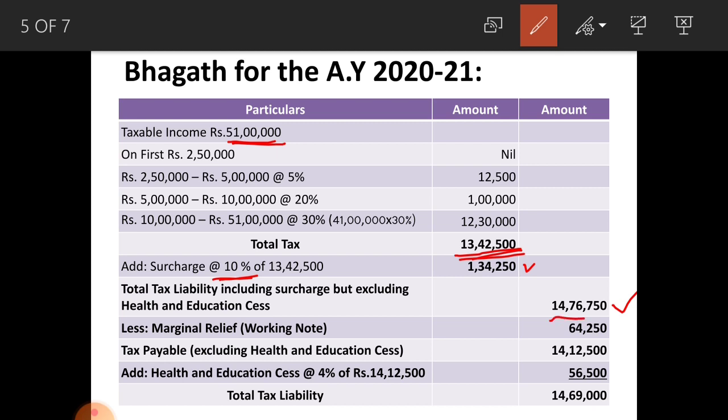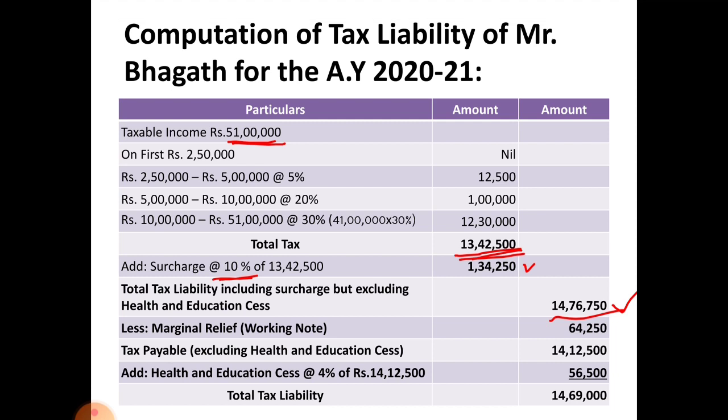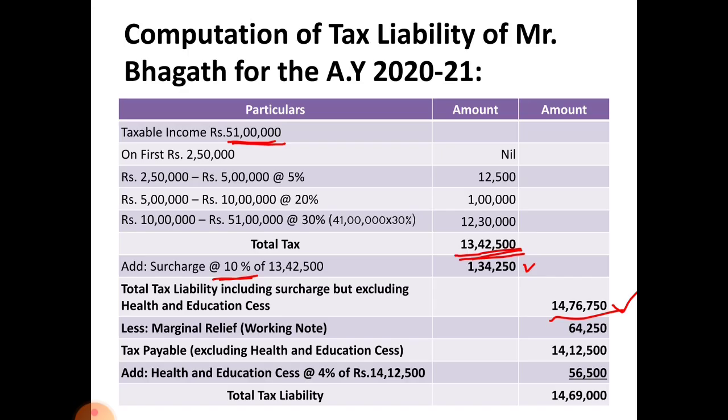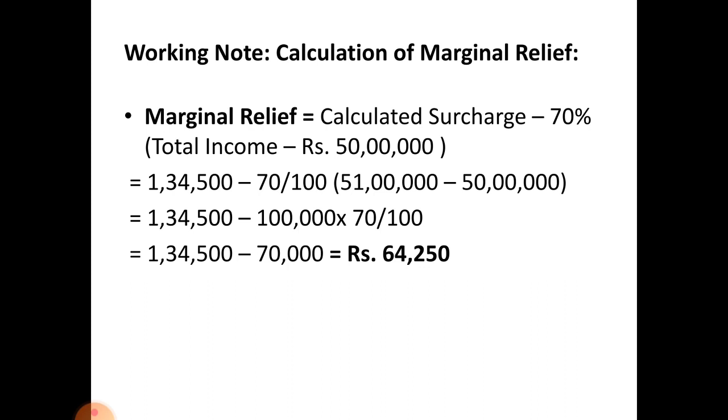From this amount, that is total tax liability excluding health and education cess, you have to deduct marginal relief. Marginal relief is calculated on this 1,34,250. Remember that point, it is not calculated on the total tax liability, but marginal relief is calculated on the surcharge only. Let us see the calculation here. Marginal relief is equal to calculated surcharge. Surcharge you already calculated, that amounts to rupees 1,34,250.